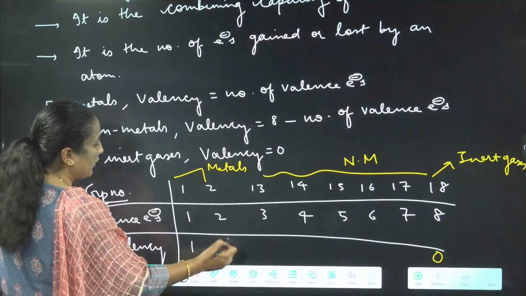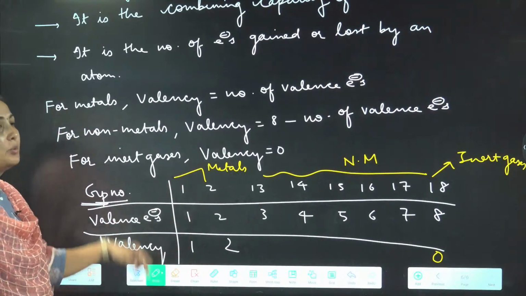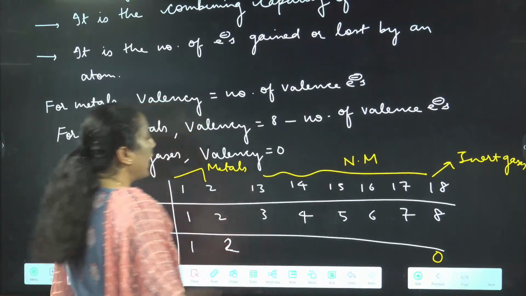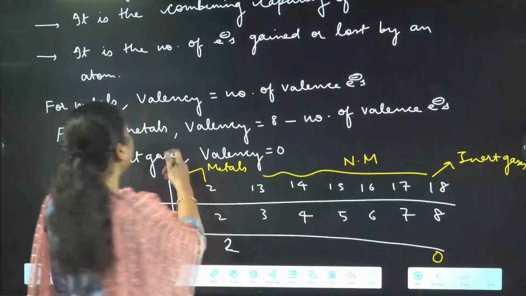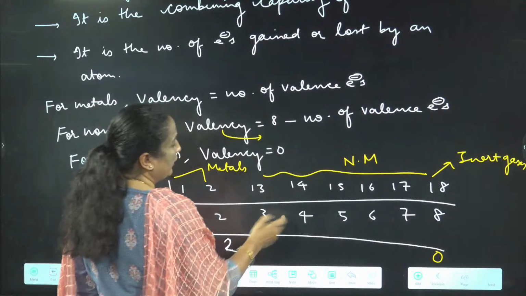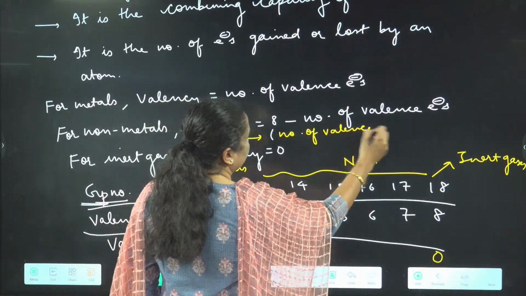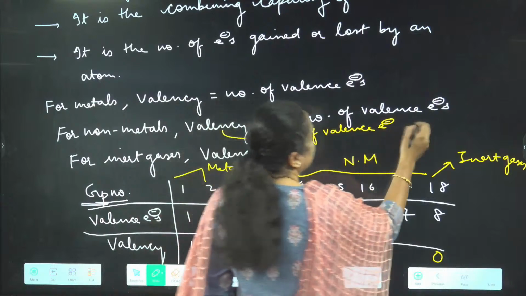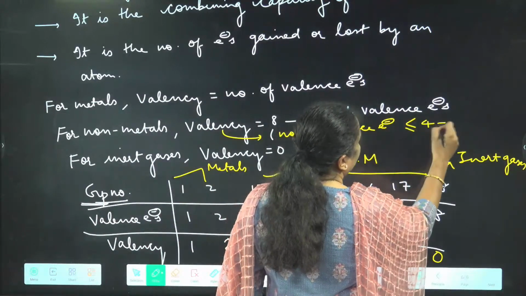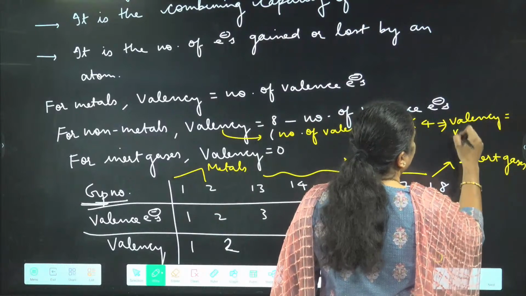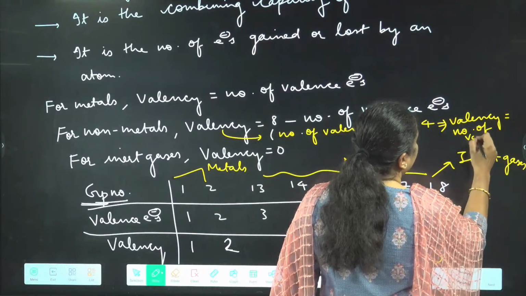Here valency is 1, here valency is 2. Valency is equal to the number of valence electrons for these, up to 4 basically. For non-metals, if the number of valence electrons is less than or equal to 4, then valency is equal to the number of valence electrons itself.